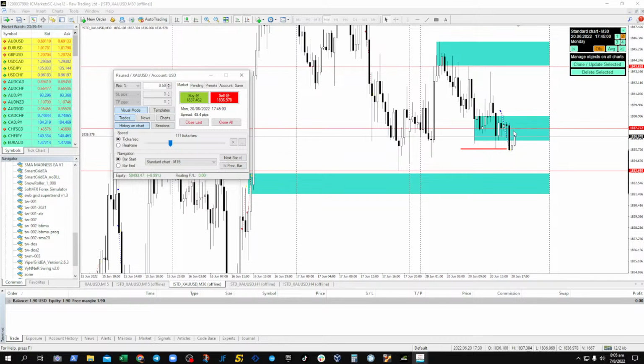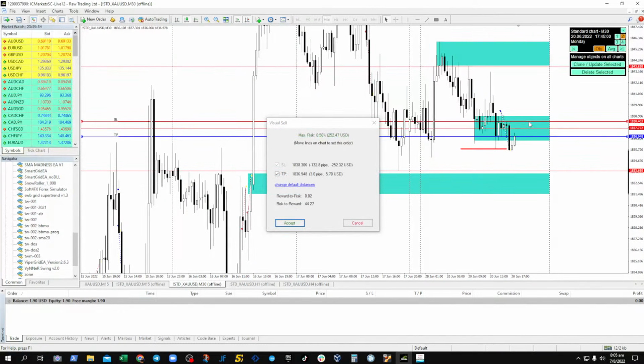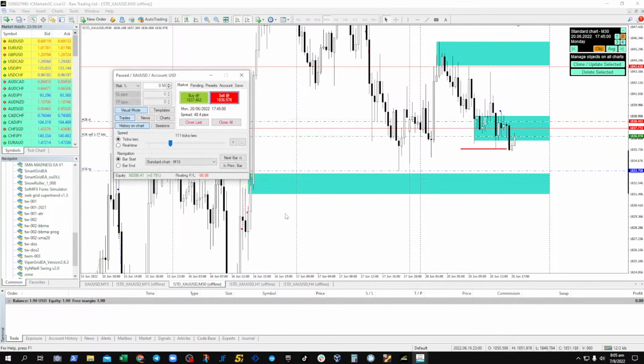Since price already pulled back to about 50% of this candle, I'm gonna just instant sell. Put our stop above this, TP here, and we got 2R. Okay, I will play the chart.